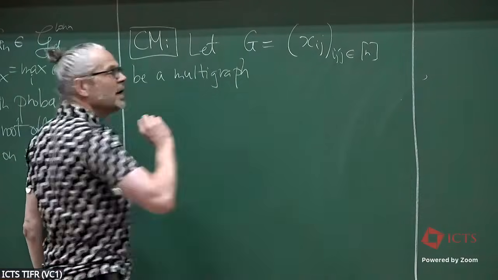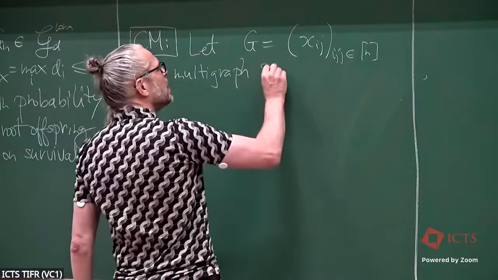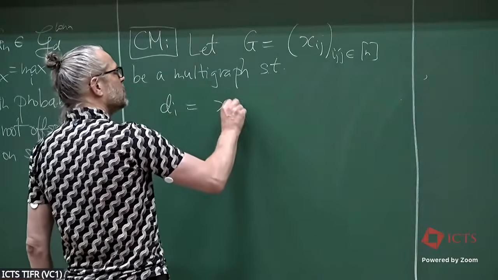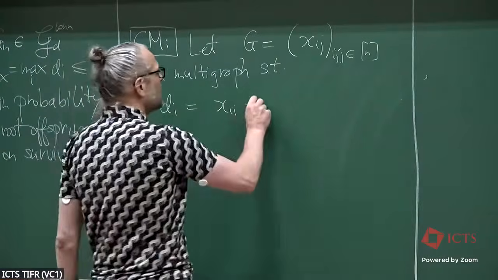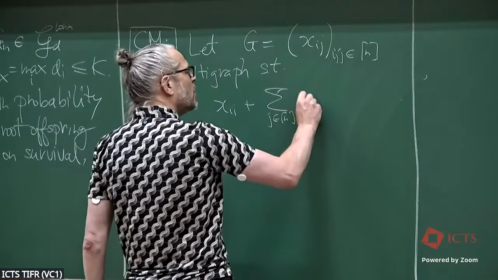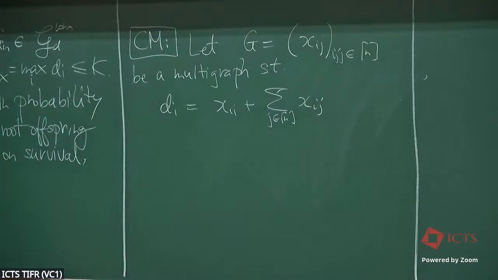And now I would like this multi-graph to have the correct degrees. Okay? So I'm going to be imposing that the degree of vertex i is the number of self-loops plus the sum over j in n of the number of multi-edges. But bear in mind, I'm counting the number of self-loops once more, because of course the self-loop eats up 2 half-edge degrees into the vertex.